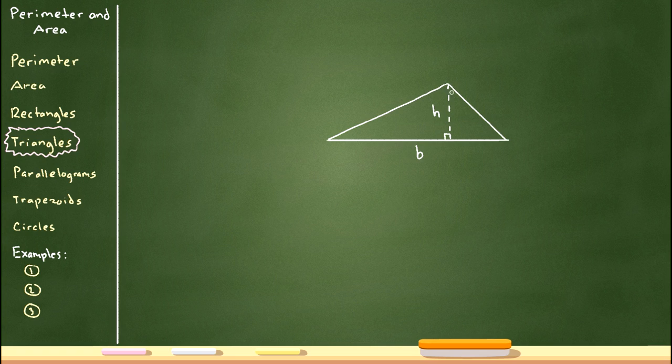So the height, even though here it's completely contained within the triangle itself, this is not always the case. It really depends on what kind of triangle you're working with and where you define the base to be, okay? But again, if you take a look at a lot of different triangles, that would take a long time to talk about. So we're just going to use this example here.